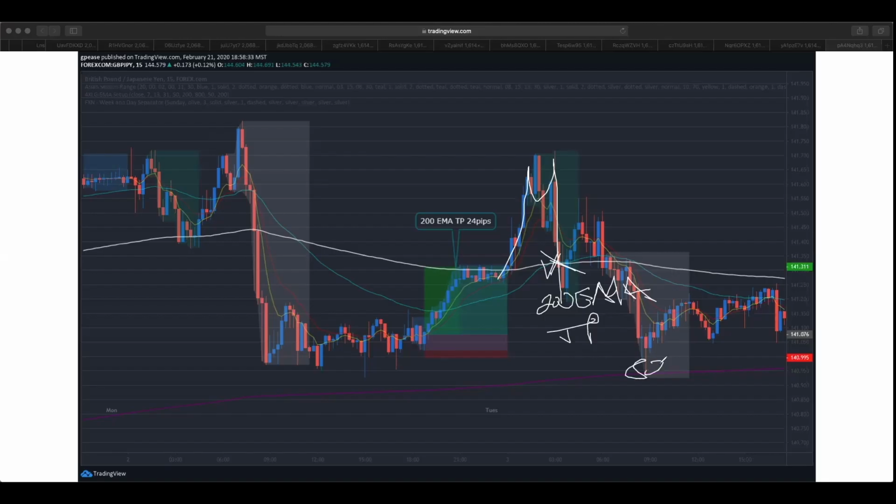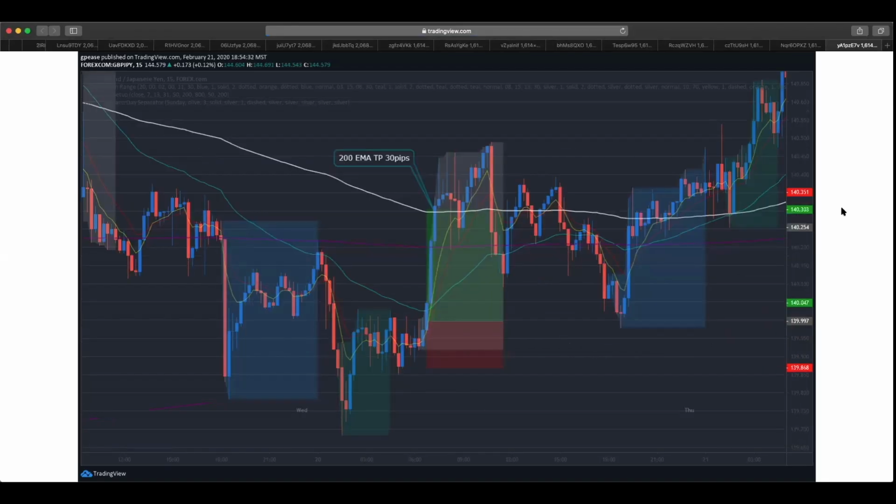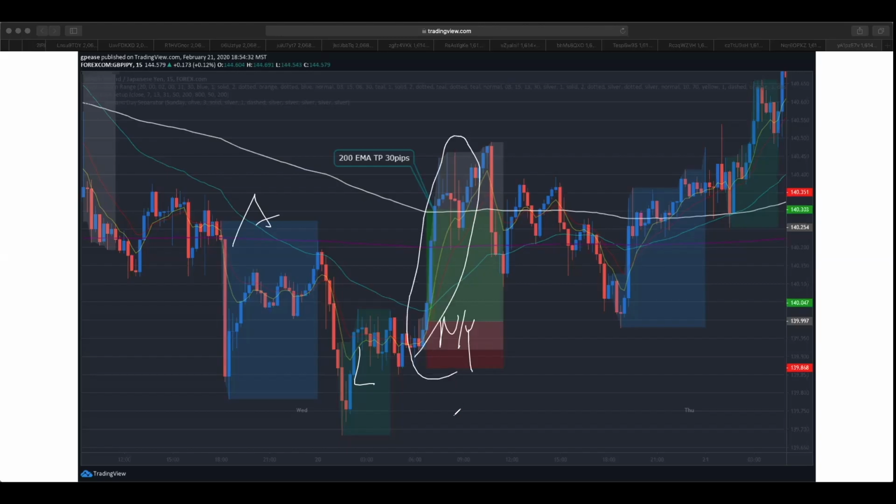And then at 800, take profit. This one here, good example of a take profit at the 200 EMA. This is Asia. This is London. New York session is here, right? Basically a continuation trade. Good example, yeah. Right there.